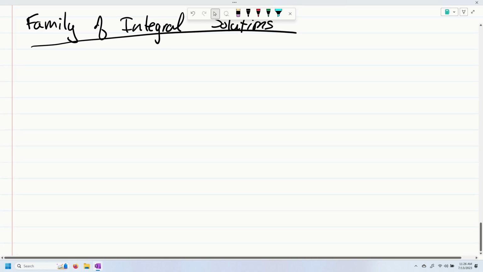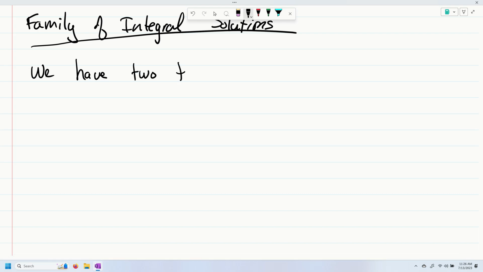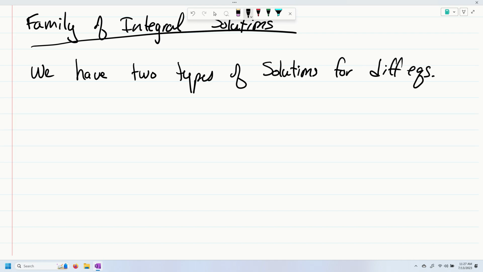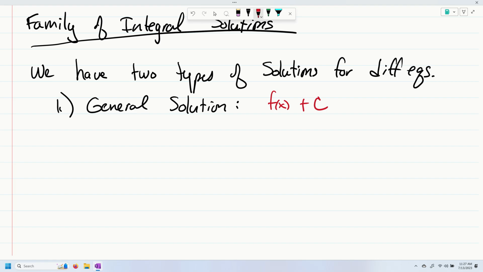Basically, we have two types of solutions. We have the first type, which is a general solution. And this is where you have the function of x plus some constant. Or you get y equals this function of x plus some constant.